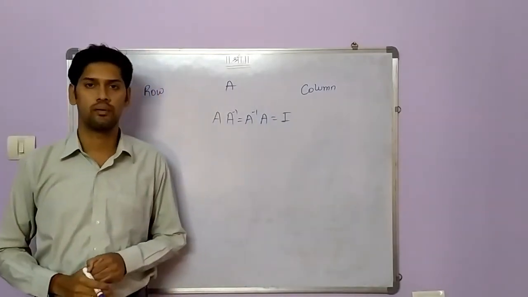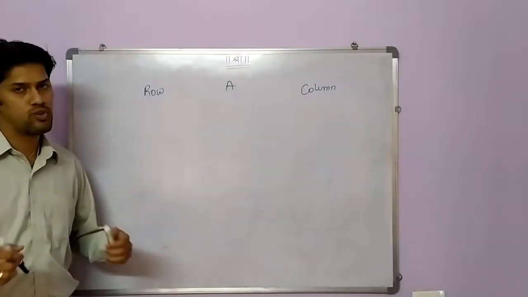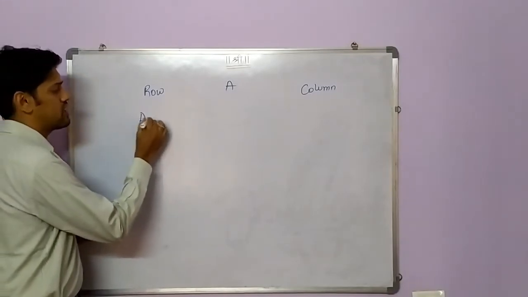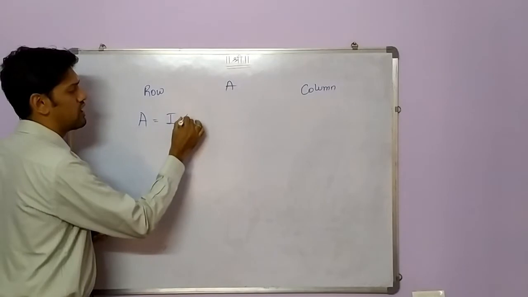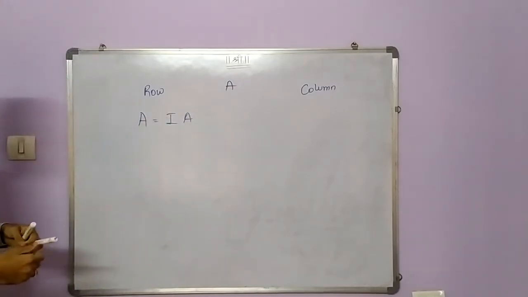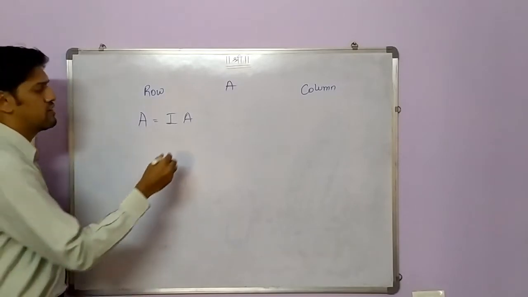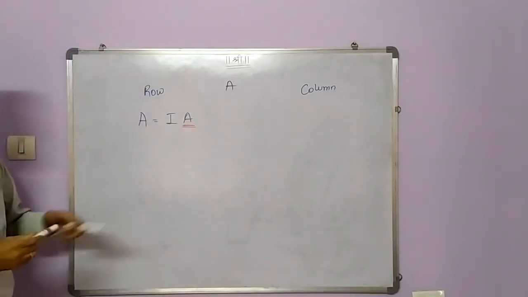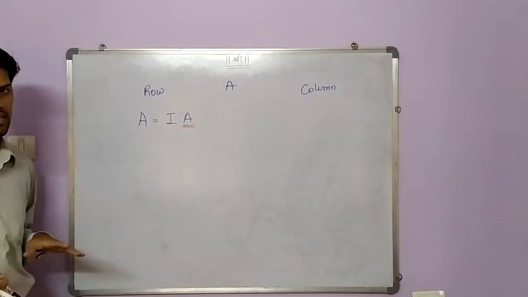This is also one fundamental concept. Now to use row transformation, what we will do is write matrix A is equal to I into A. Further, we will not alter anything about this A. This matrix A will remain as it is.